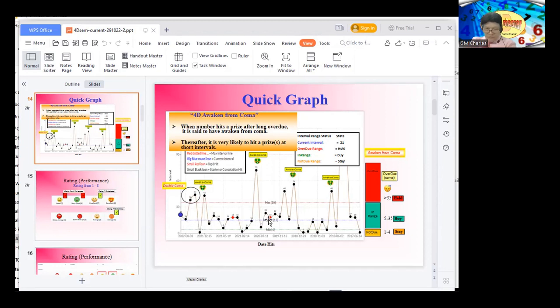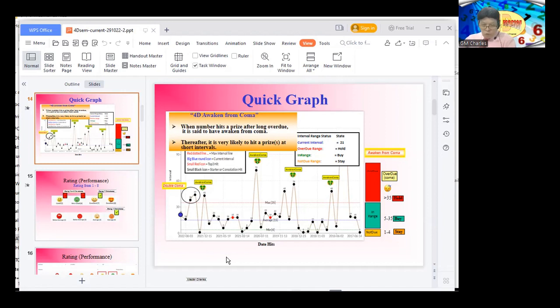Because I told you from average line to maximum line is IR2. So now it's IR2, so it's not so good. The chances are not so good. If the current interval is between 4 to 15, there's a better chance. You understand what I mean?